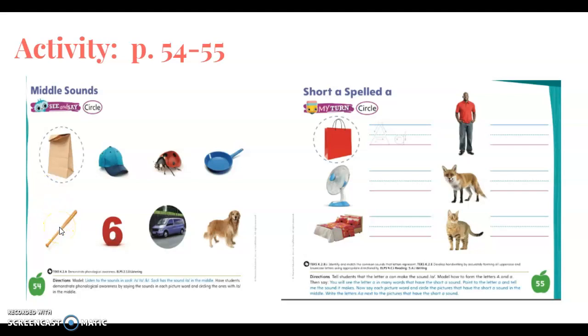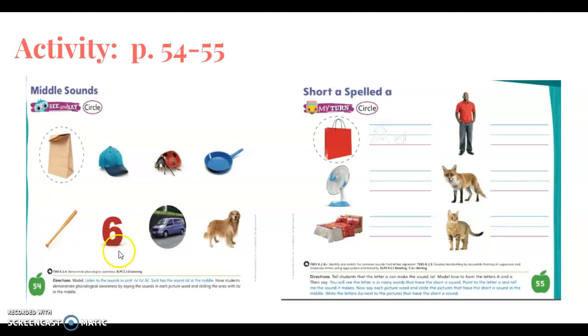Now let's look at the second group of pictures. This is a picture of a bat, a baseball bat, not the animal bat. So listen to the sounds. B-at, bat. You're going to circle the pictures that have the same middle sound as b-at.